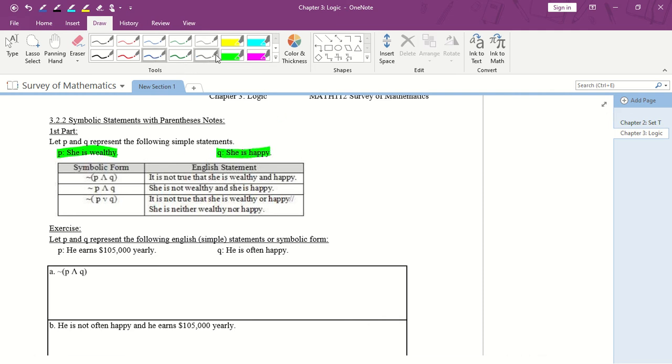So if I say here P and Q, for sure you know that it will be she is wealthy and happy. However, if it has a negation with a parenthesis, it means that it is not true that she is wealthy and happy.